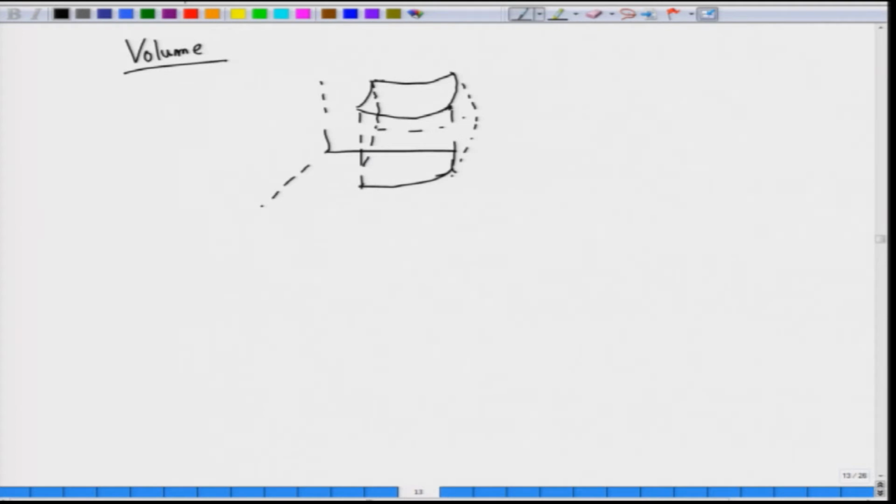This is the solid whose volume we are interested in finding. Now, think of it, here is the function which goes from x equal to a to x equal to b.